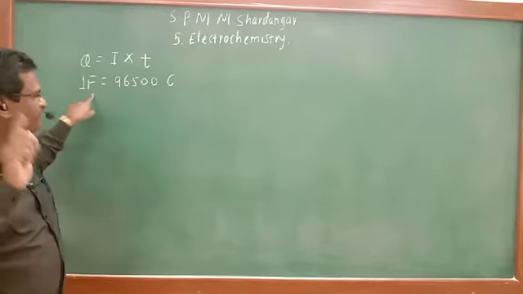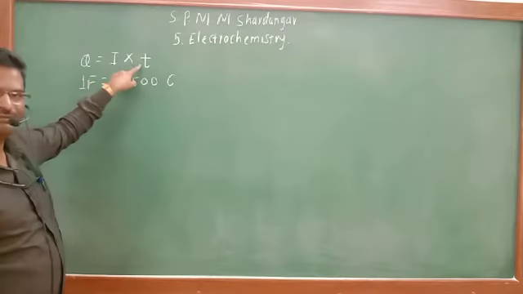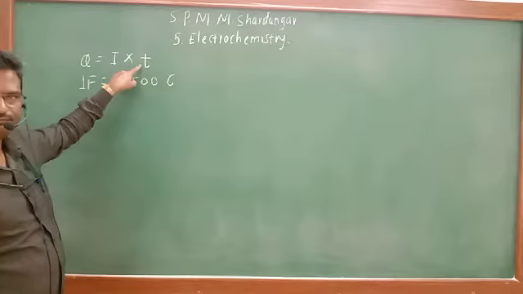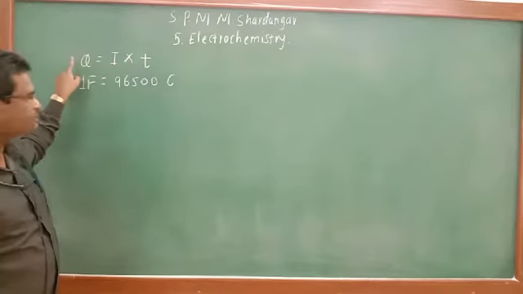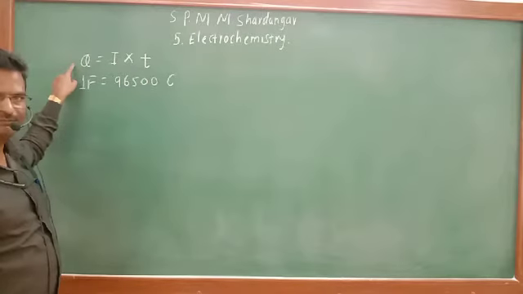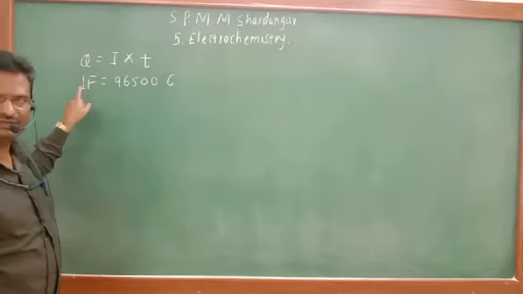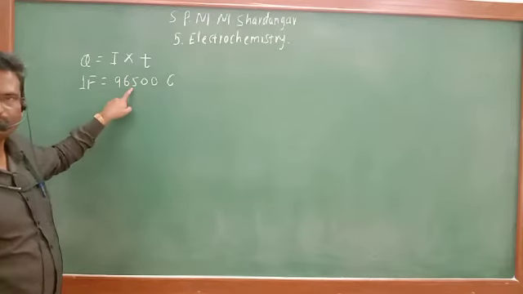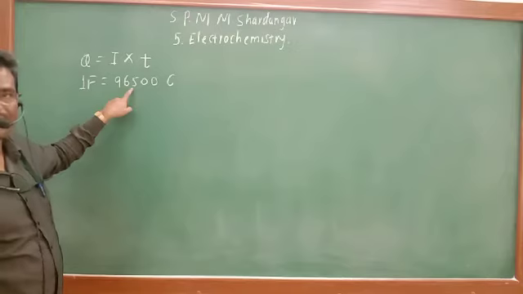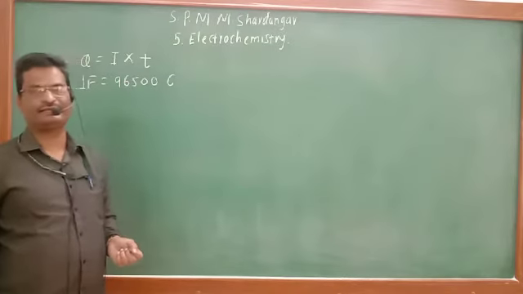So that is about the quantity of electricity, with current strength I in ampere, and T is time in seconds. 1 ampere current for 1 second is known as 1 coulomb of electricity, and 96,500 coulombs is nothing but 1 Faraday. So this much charge will deposit 1 gram equivalent of the substance whenever electrolysis is carried out.